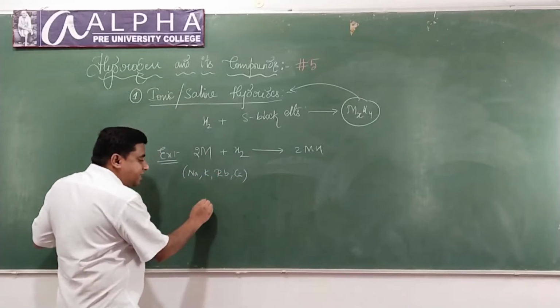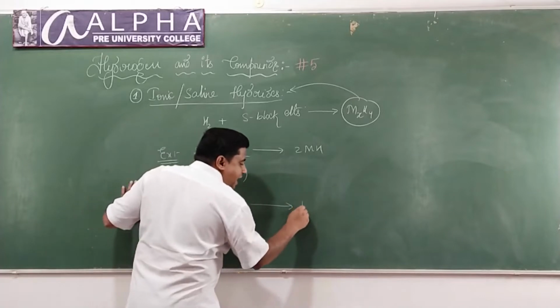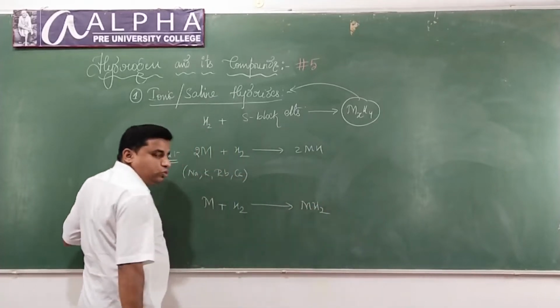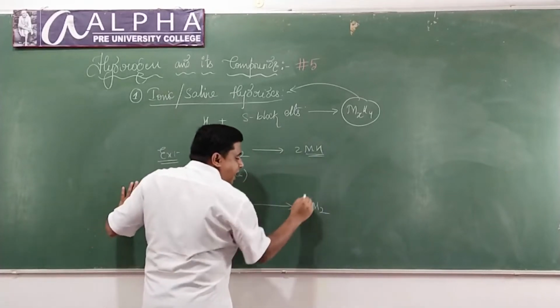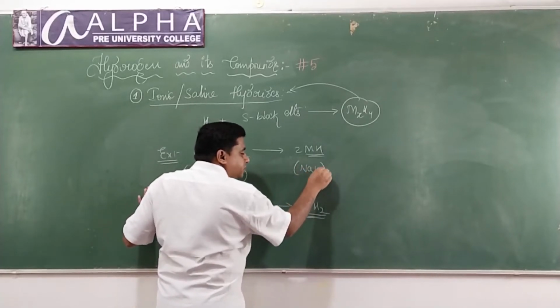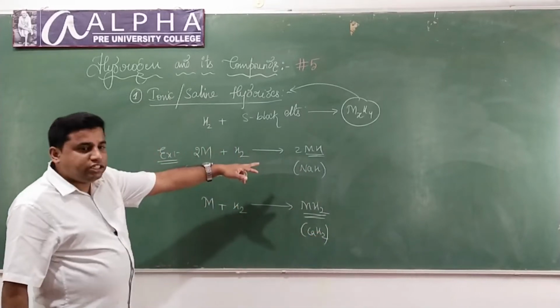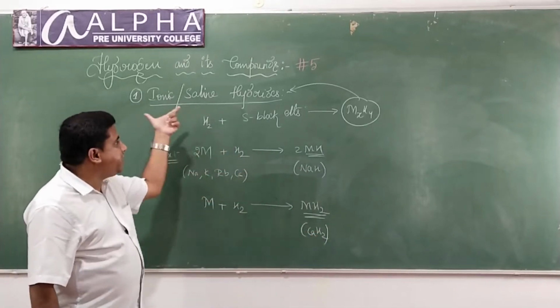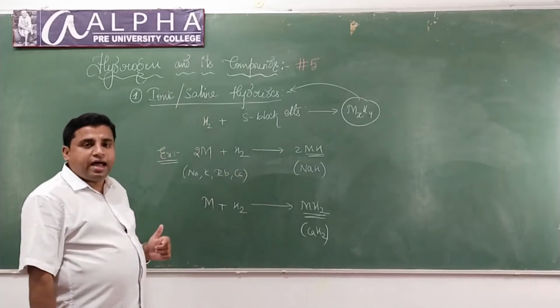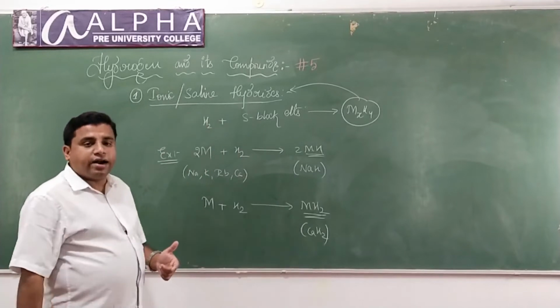And if alkaline earth metals combine with hydrogen, they form metal hydrides with the formula MH2. For example, sodium hydride and calcium hydride are ionic or saline hydrides. Are you getting it?